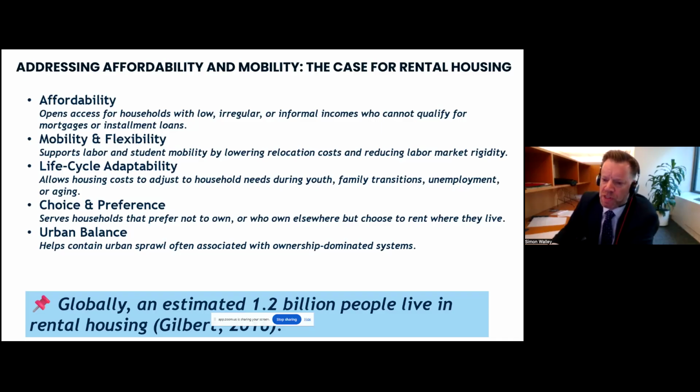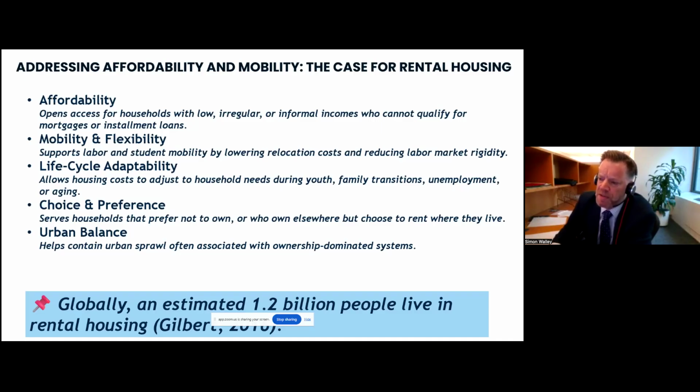If you're a student, you don't necessarily want to buy a property in those circumstances. So the rental provides that flexibility, that mobility for labour. And I think that this enhances economic growth in countries where you have greater labour mobility.